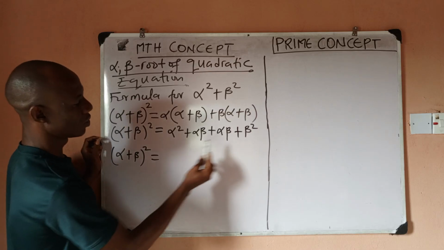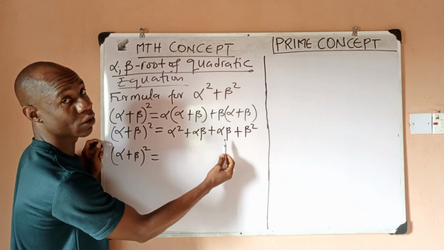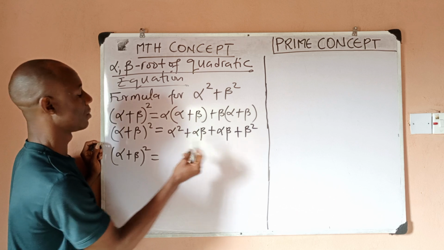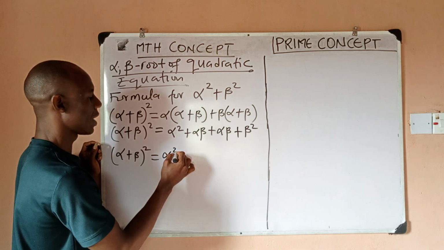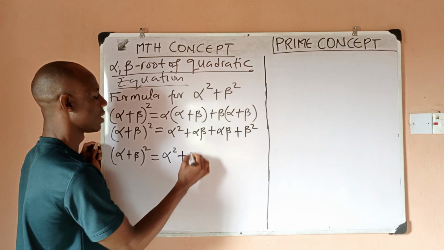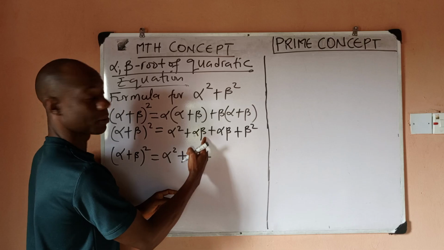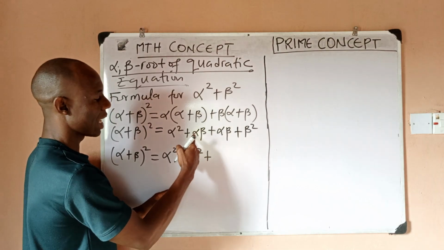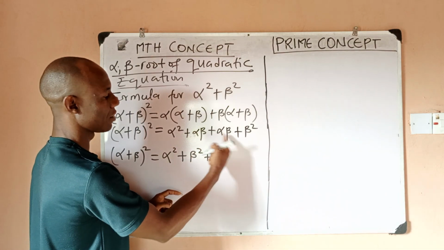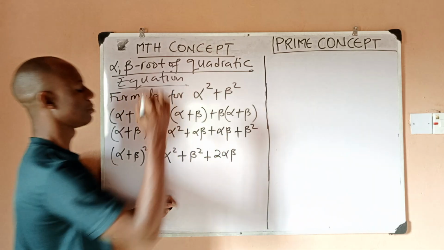Now see what I want to do. I want to bring this closer to this. Remember, this is not crossing equality, so the sign remains the same. So I have alpha squared. If I bring this closer to alpha squared, I would say plus beta squared, then plus. Now this is alpha beta. This is actually 1 alpha beta plus 1 alpha beta. It means it's going to give us 2 alpha beta.